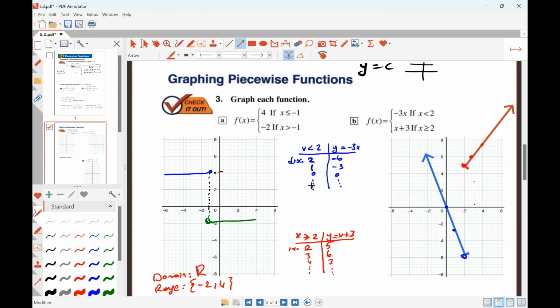And the second thing we need to do in these kinds of questions is talk about their domain and range. Let's talk about domain and range. You can figure out domain and range by looking at the graph. I have two pieces. Look at the left piece. The left piece is extending to the left, so it covers every x value until 2, right? 2 is excluded.